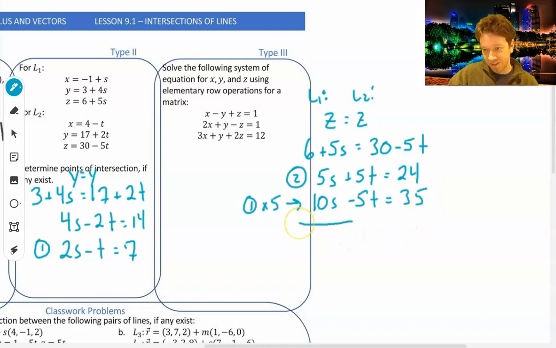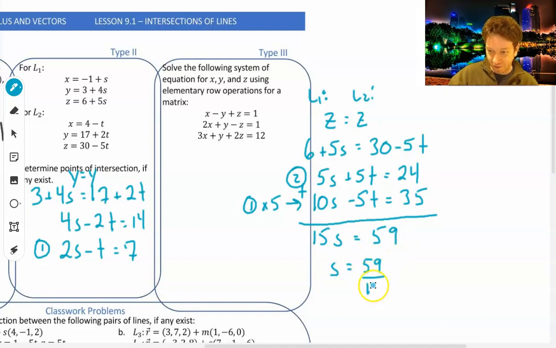And then I can just subtract those two equations. Get, add. So 5 plus 10 is 15s, plus negative 5 plus 5 is 0t. And that's going to equal 59. So now I can just solve for s. This is not as nice as the last one, but s is 59 over 15.